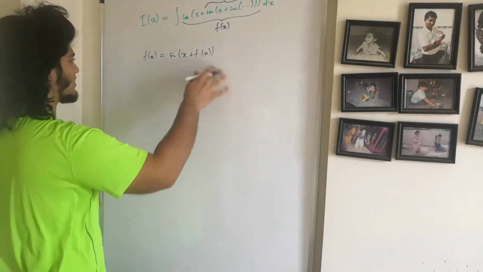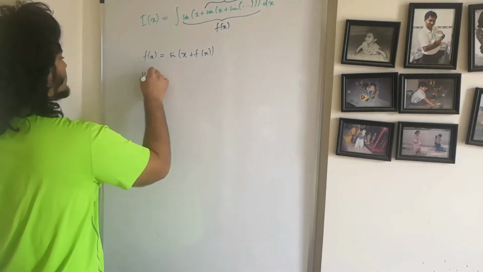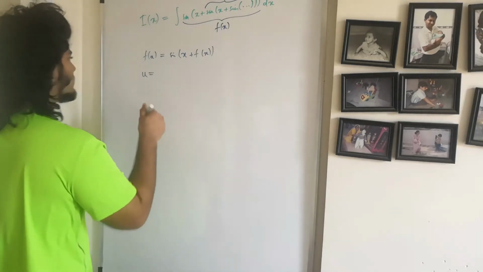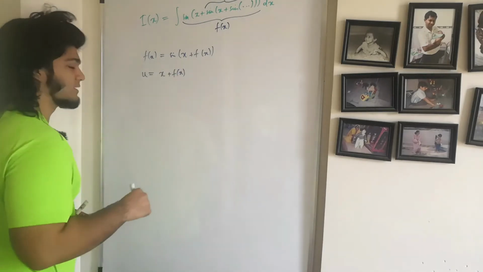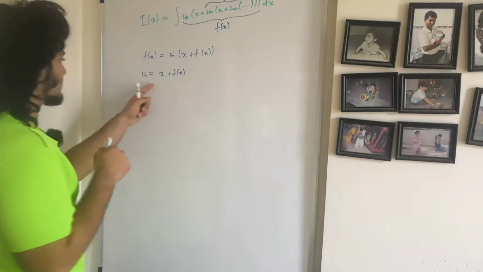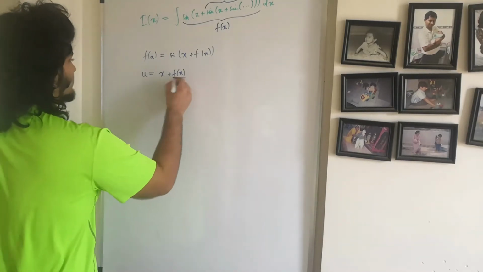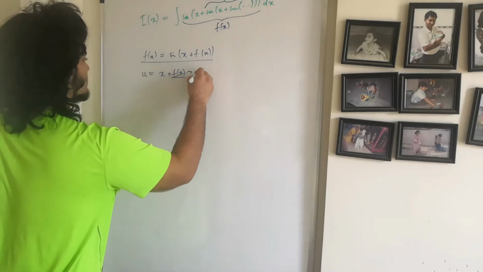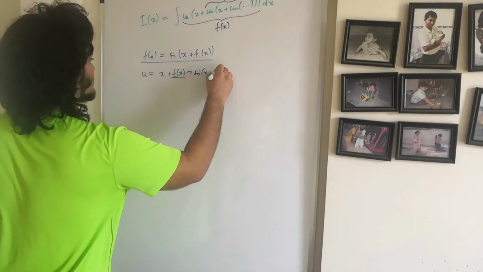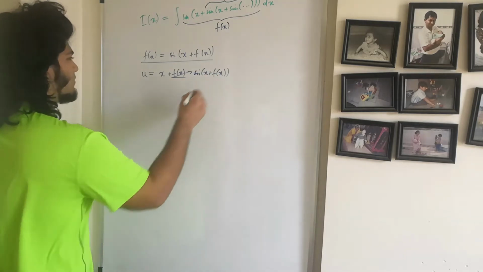Now let's keep that aside for a while, and let's do some u sub. Let u equal x plus f of x. That's the argument inside the sine right here. If u is equal to x plus f of x, well, what is f of x? F of x from this identity is just the sine of x plus f of x. And what is x plus f of x?